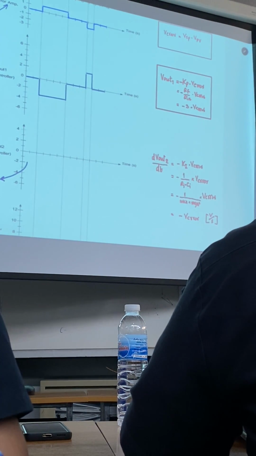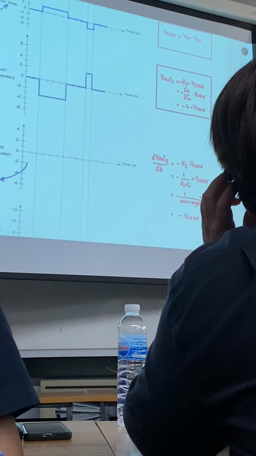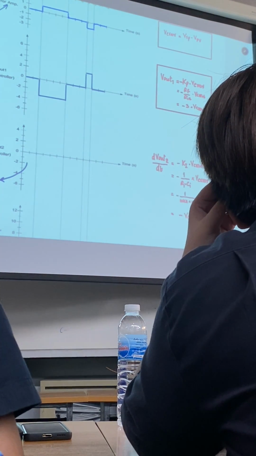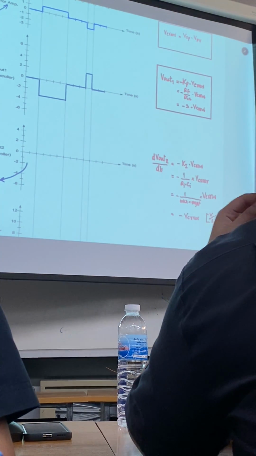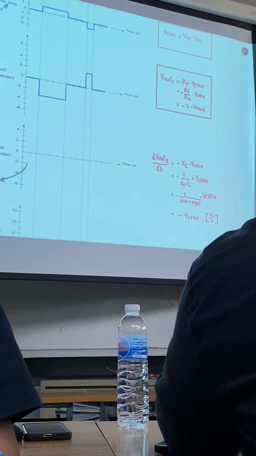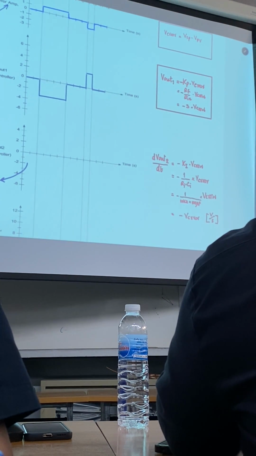What is the meaning of 0 volt per second? It doesn't mean that you will get 0, but it means that it will have no change. So if the starting point is 1 volt, you will still have 1 volt. If the starting point is 0 volt, you will have 0 volt.